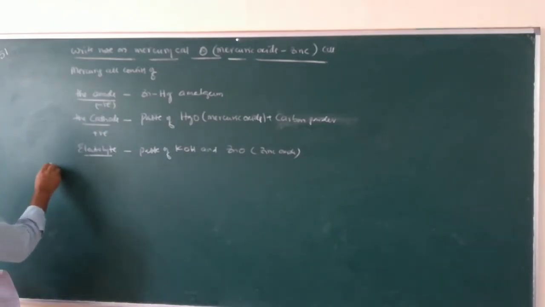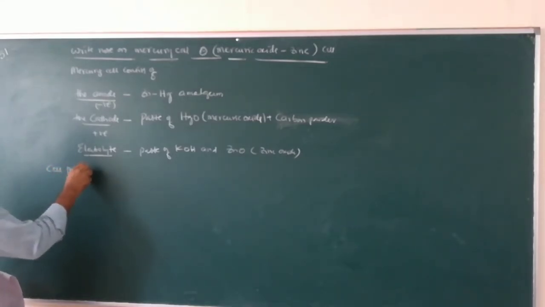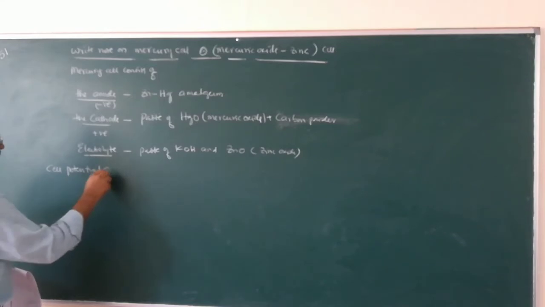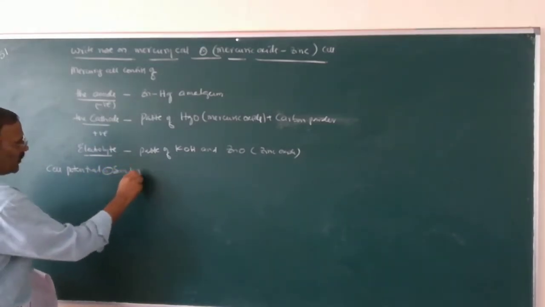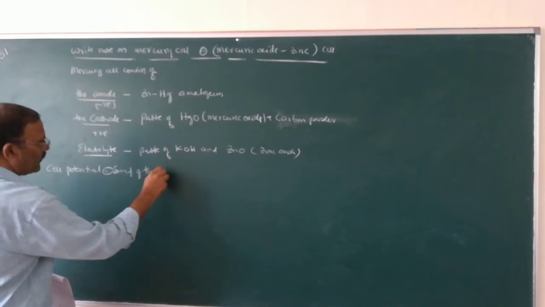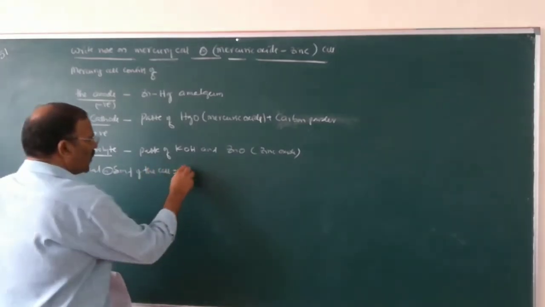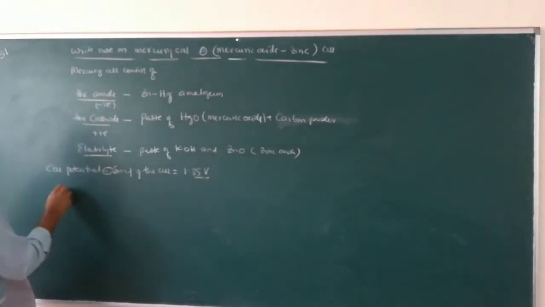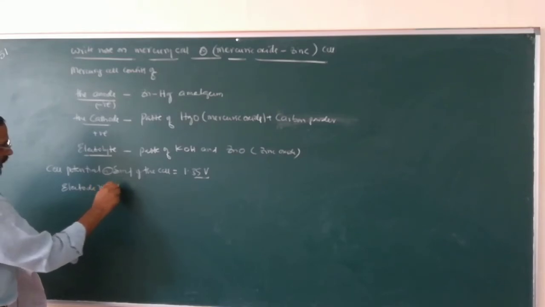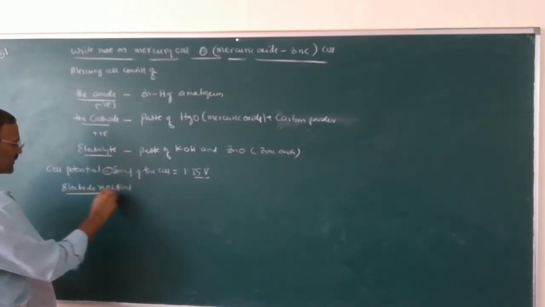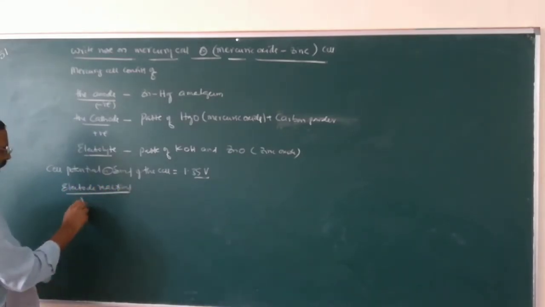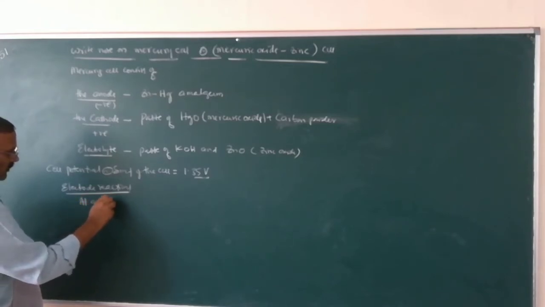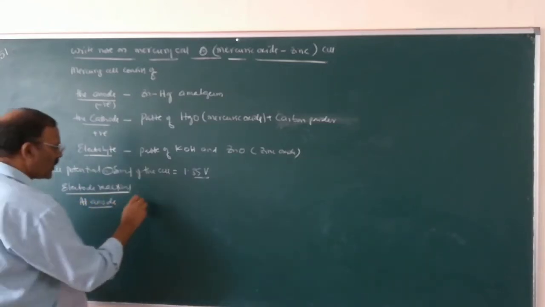Then what is the cell potential? Cell potential or EMF of the cell equals 1.35 volts. And then what are electrode reactions? So at anode what happens?